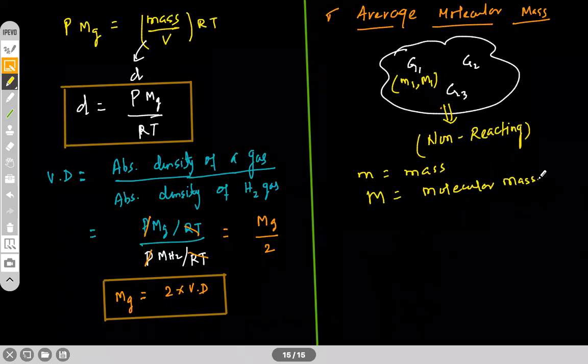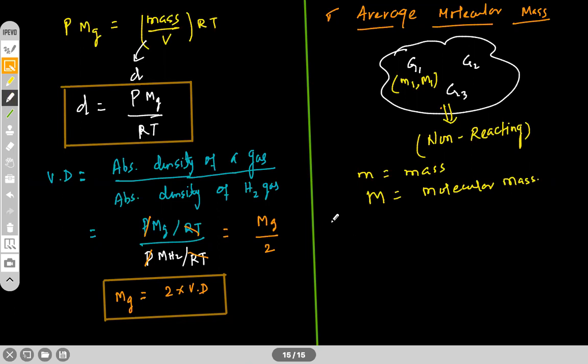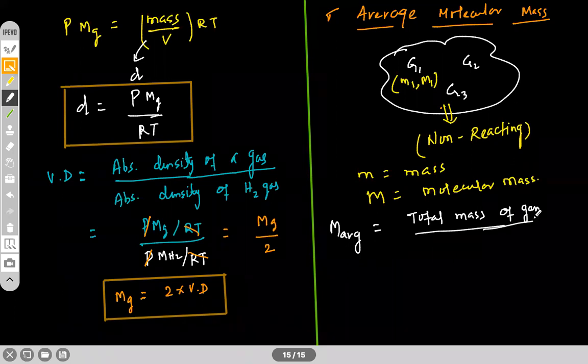So the average molecular mass, M average, is defined as the total mass of the non-reacting gases, whatever gas is present, you add the total mass, divided by the total number of moles.